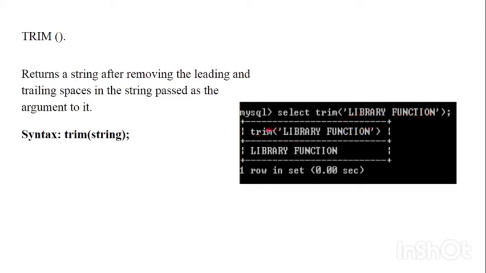Then this trim function will remove any leading or trailing white spaces in the string. It will not remove the space in between the string, only the spaces before and after the string. It does the functions performed by both ltrim and rtrim, and it will return a string by removing the space before and after the string.